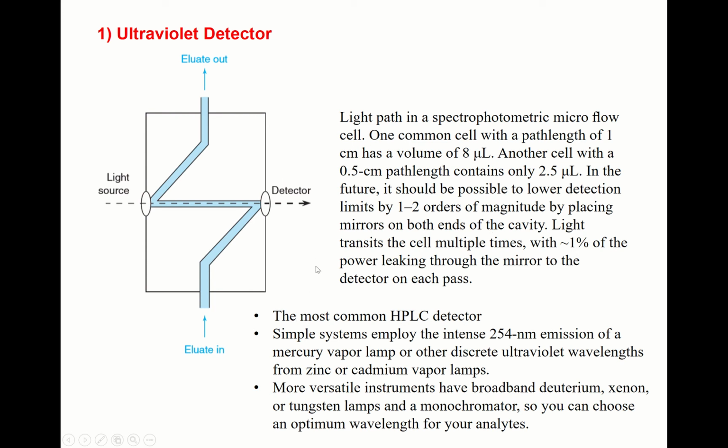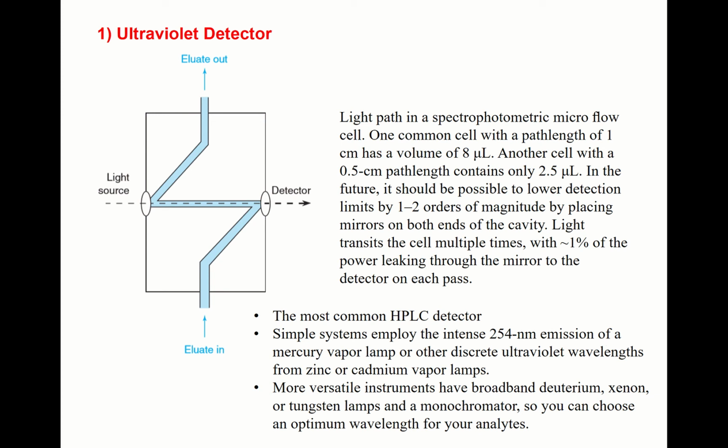Okay, and this is the most common HPLC detector. The structure is quite simple. A simple system employs an intense light here. What kind of light can you use? That's a good question. Mostly an intense light beam whose wavelength is 254 nanometers. Okay, this is the characteristic emission line of a mercury vapor lamp.